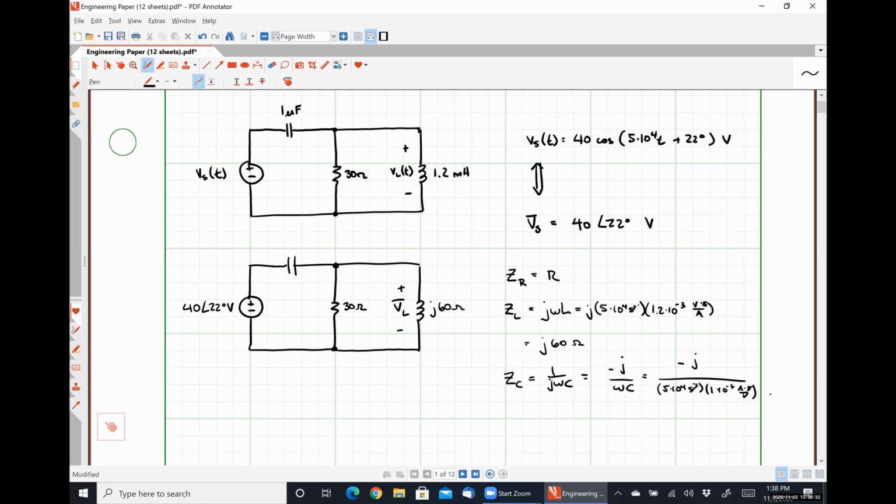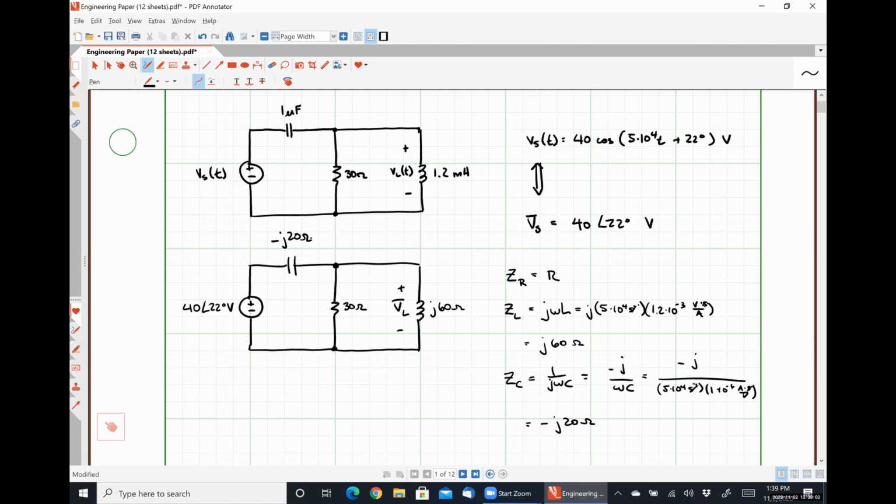The seconds and per seconds cancel out, so we have 1 over amps per volt, which is the same as a volt per amp, which is an ohm. And from this we get, let's see, 5 times 10 to the 4 times 1 times 10 to the minus 6, minus j20 ohms.